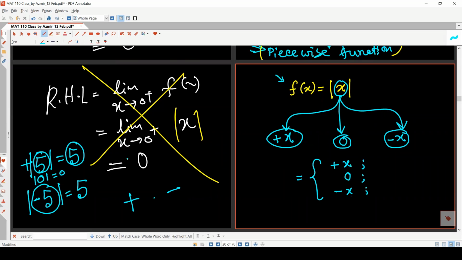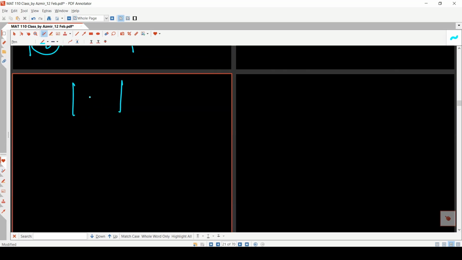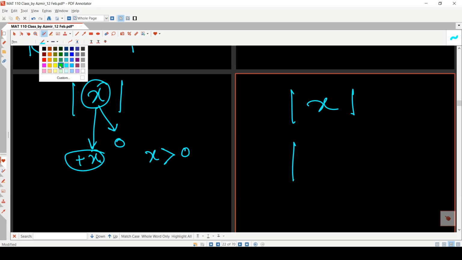So we are now constructing our own function. So you can understand that if the inside quantity is positive, then the meaning is it is x greater than 0. We can think by this way. Instead of x, we will always compare with x minus a.